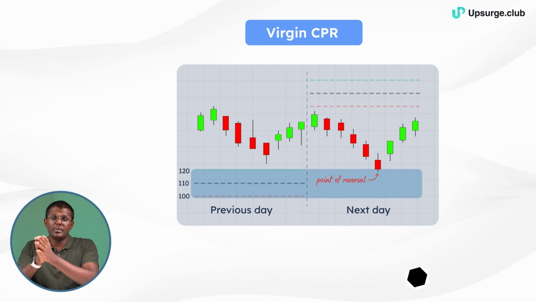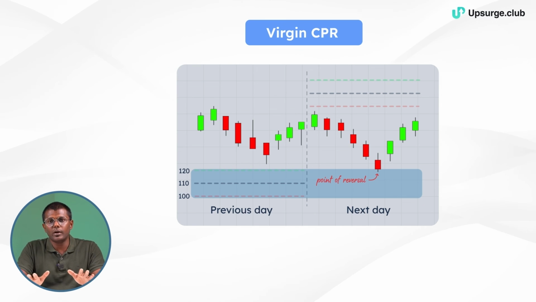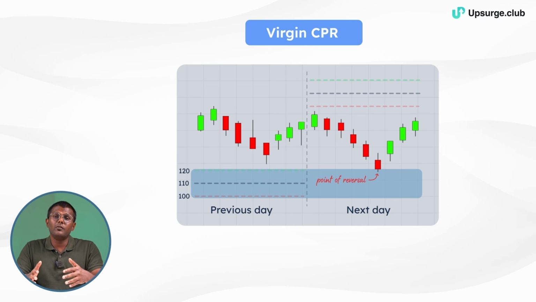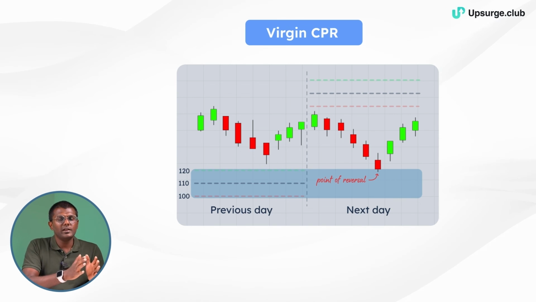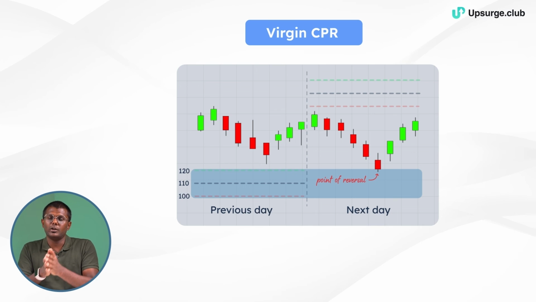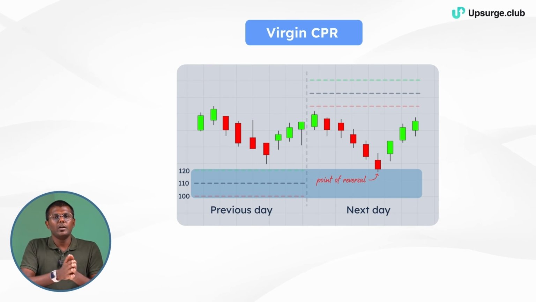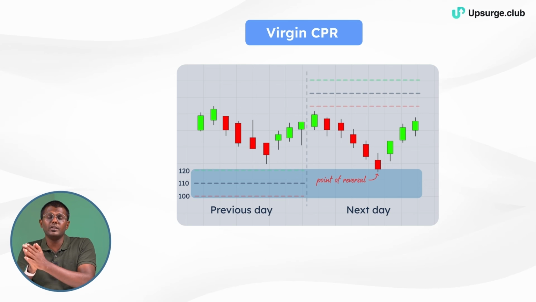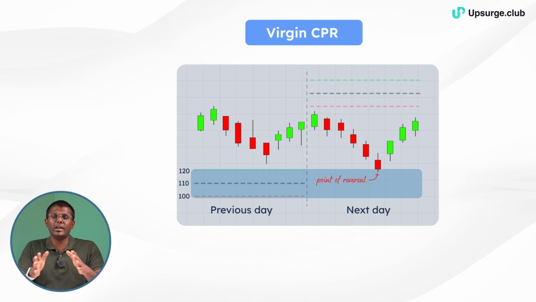If the candles are breaking a virgin CPR, then it means the virgin CPR is broken and we need not follow the reversal trade. We can follow the directional trade itself. So, if the candles are reversing from virgin CPR, you can go for a reversal trade. On the other hand, if the candles are breaking the virgin CPR, then virgin CPR itself becomes invalid. So, that's all about virgin CPR.